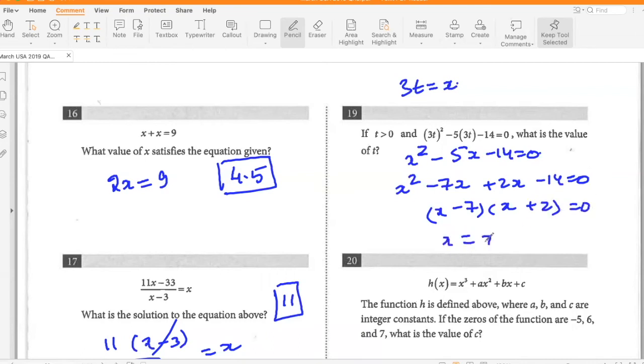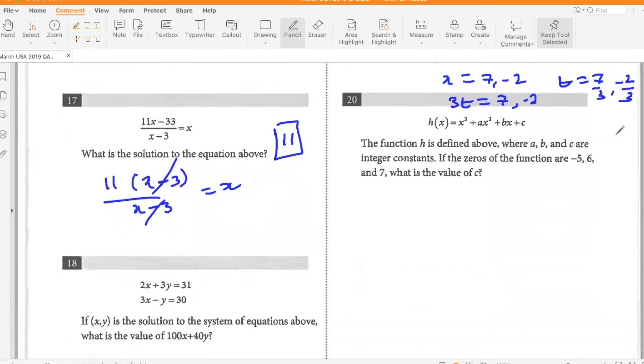So x can be 7 or -2, which means that 3t can be 7 or -2. So t can be 7/3 or -2/3. But we want t to be positive, so we'll take the answer as 7/3.